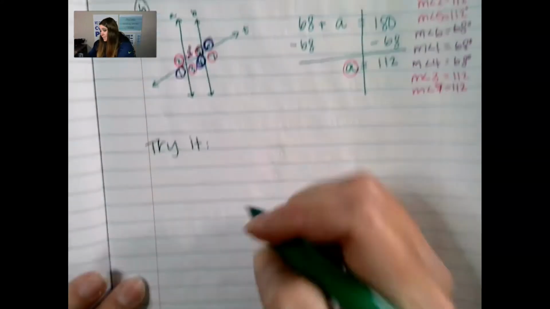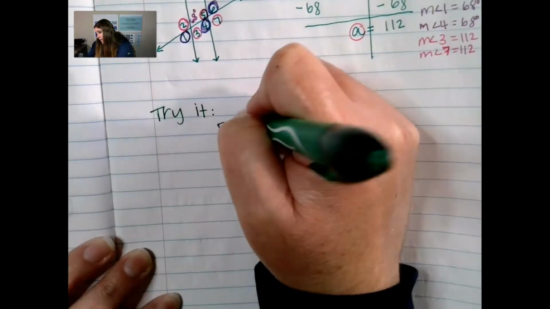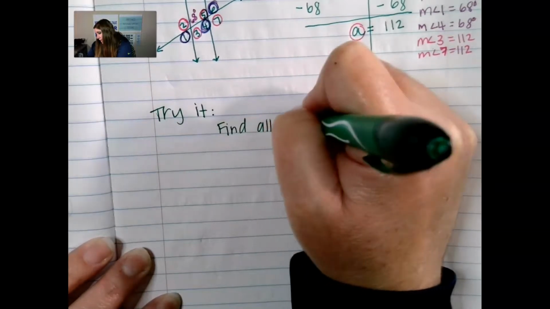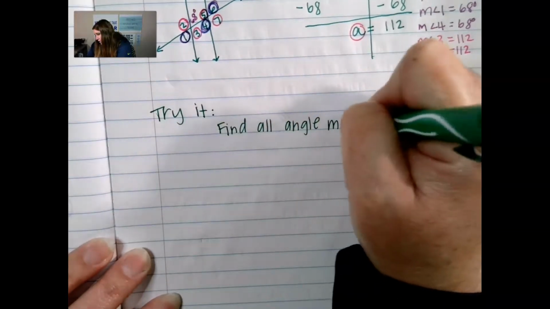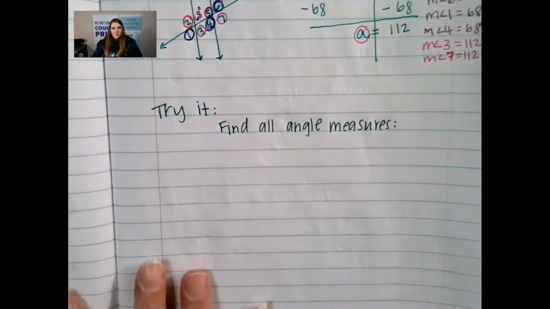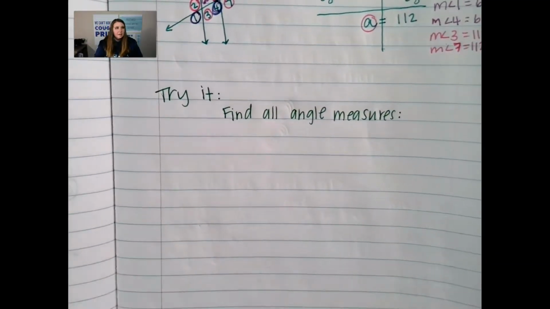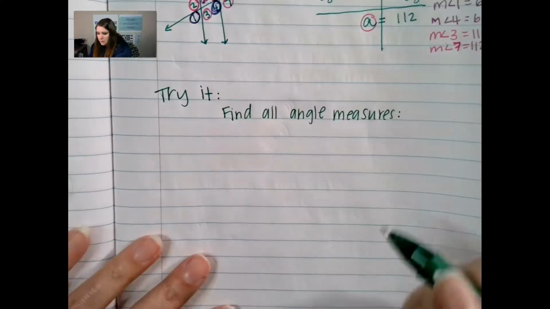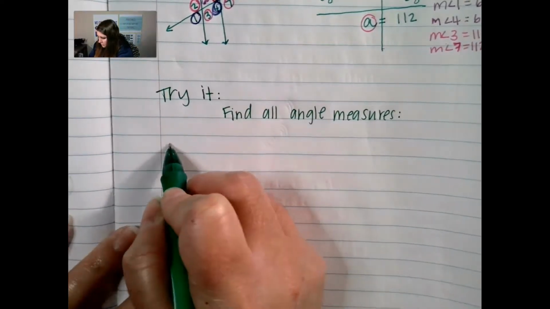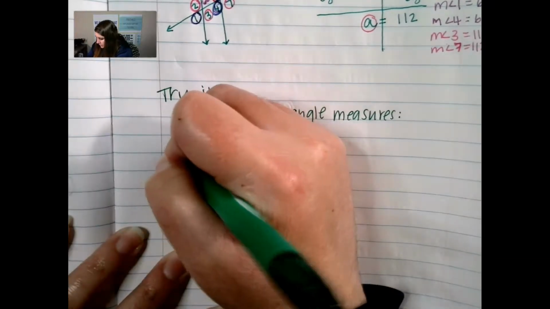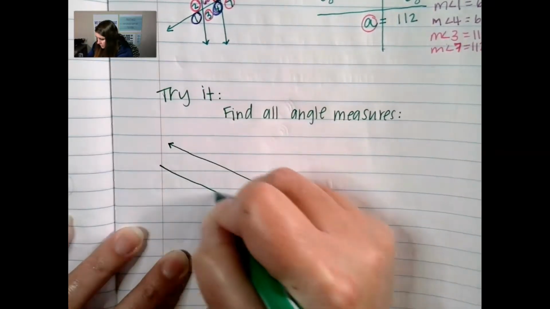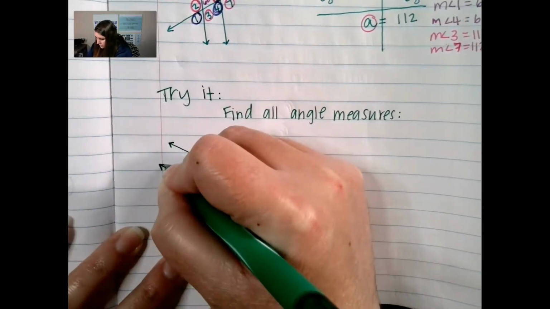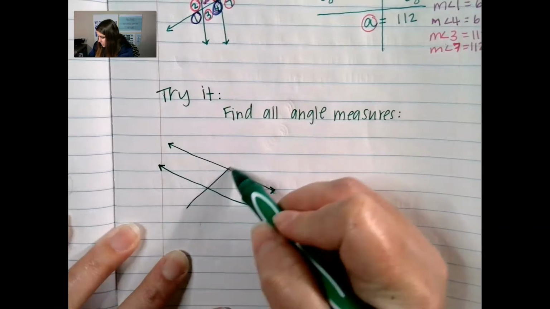Okay, again, you are finding all the angle measures. This is what your shape looks like. Okay, so we have a parallel line going this way, and then it's cut by the transversal.